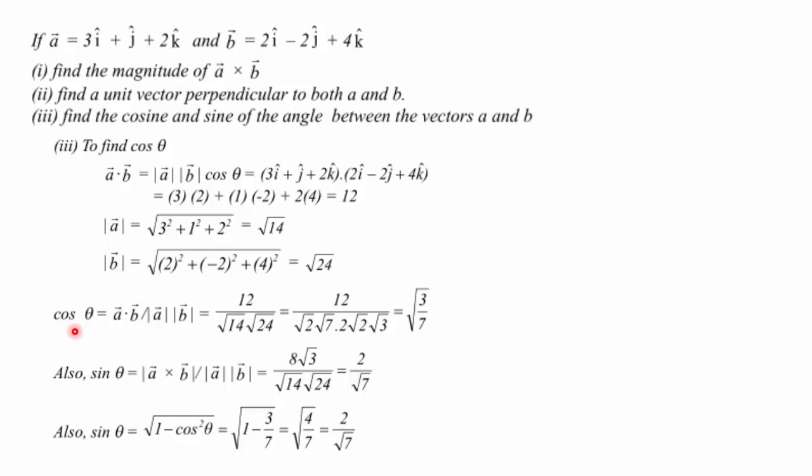So I can find cos theta value and from this trigonometric relation sin theta বার করা যায়, বা sin theta cross product rule দিয়েও বার করা যায়.